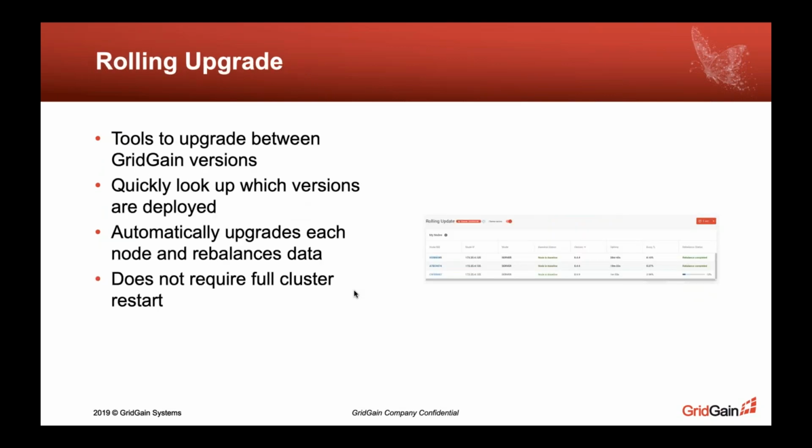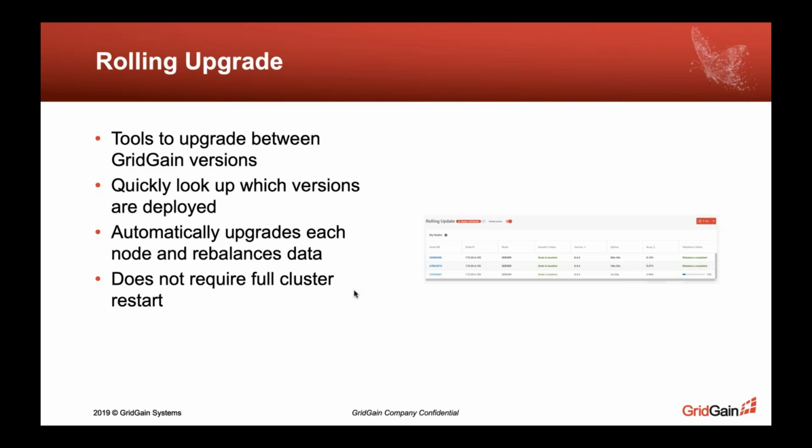Rolling upgrades is also an enterprise feature for GridGain. And the idea behind rolling upgrades is that we're basically allowing different versions of GridGain to coexist in a cluster. And it can help facilitate an upgrade between GridGain versions.